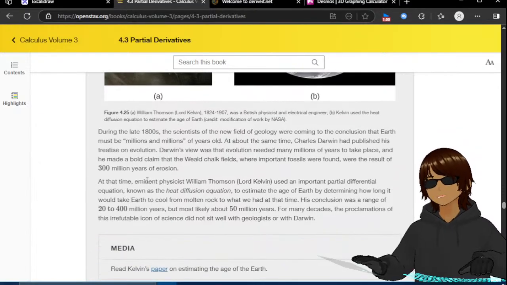At that time, eminent physicist William Thomson, Lord Kelvin, used an important partial differential equation known as the heat diffusion equation to estimate the age of the Earth by determining how long it would take Earth to cool from molten rock to what we had at the time. His conclusion was a range of 20 to 40 million years, but most likely about 50 million years. For many decades, the proclamation of the irrefutable account of science did not sit well with geologists or with Darwin.